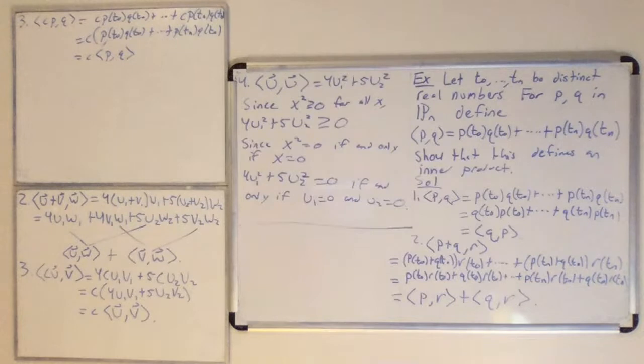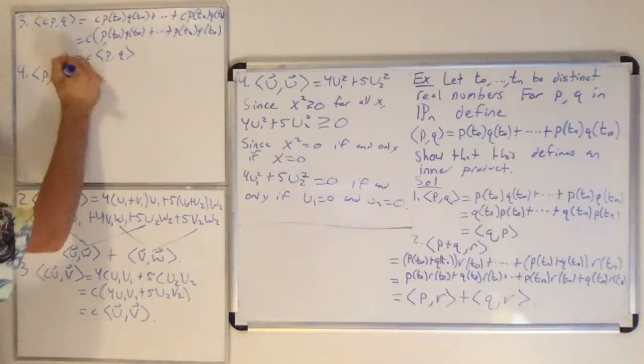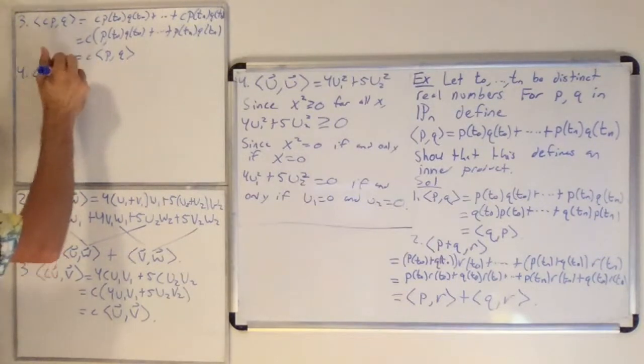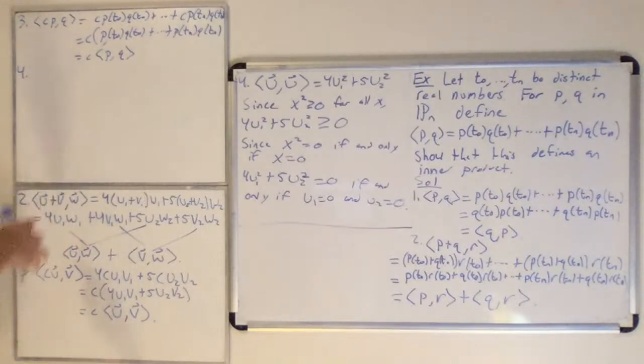And now here's the one where I'm going to ask for a little feedback. Okay, so it's okay if your answer is I'm not sure, but I would like an answer from somebody. When we get the inner product of P with itself, we want to show, so we'll do this one kind of longer.